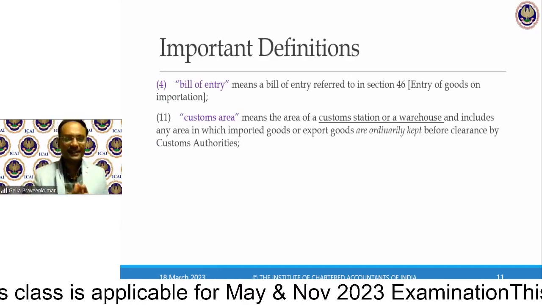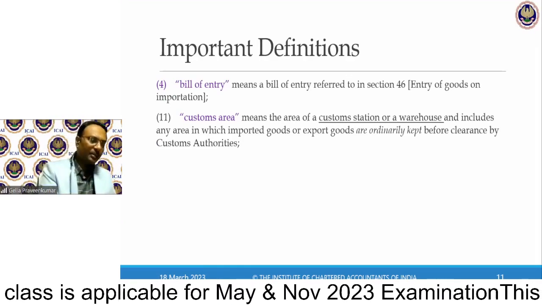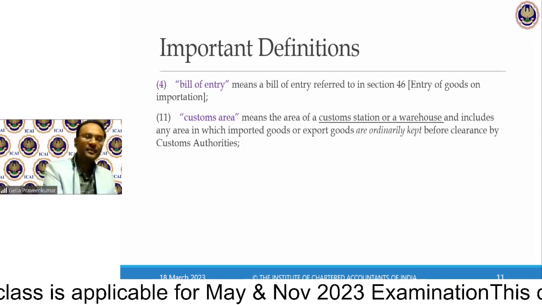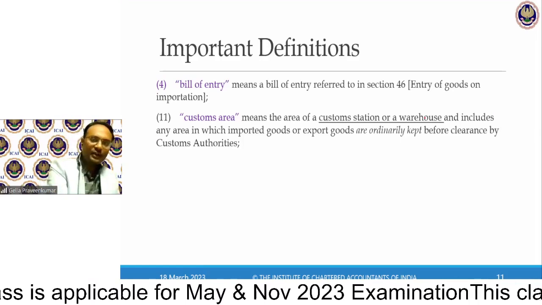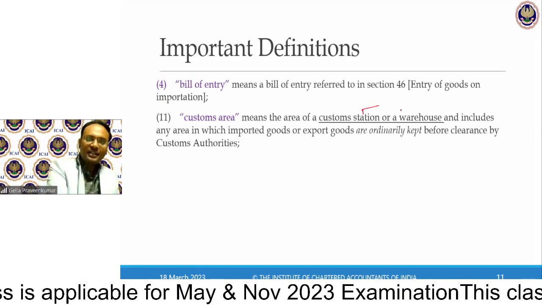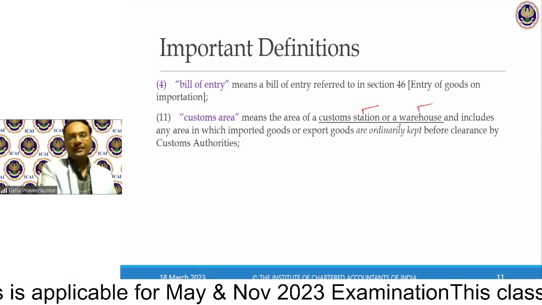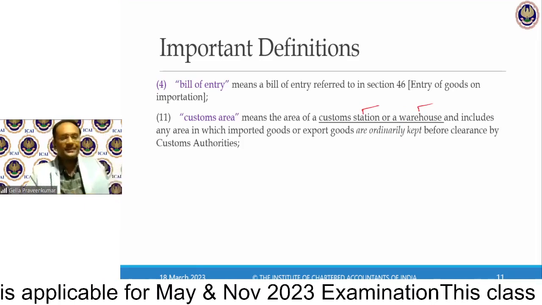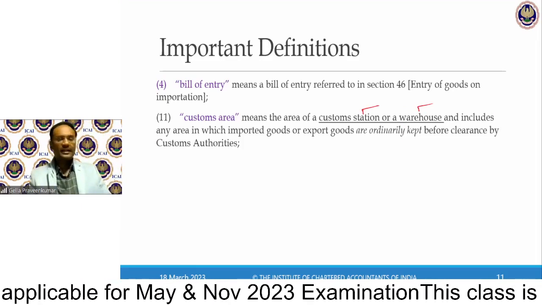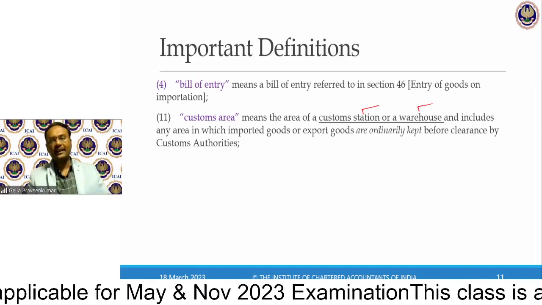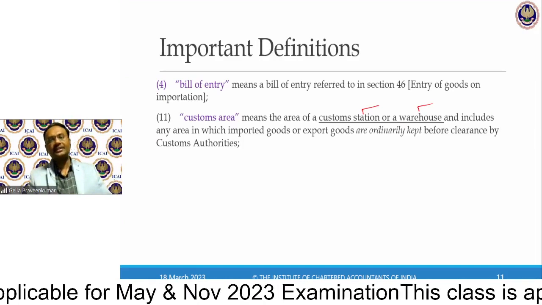Now, what is a customs area? Very important. Most of the times we don't understand. Customs area means area of customs station or warehouse. Customs area, hyphen, customs station or warehouse.